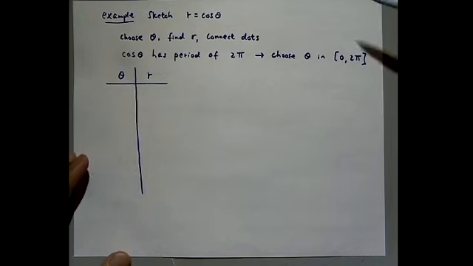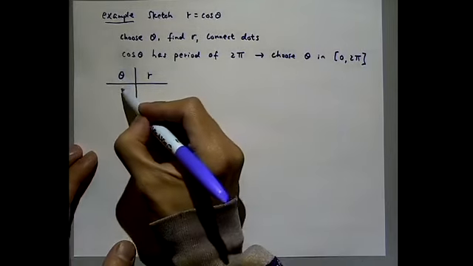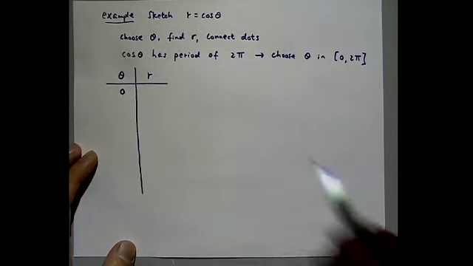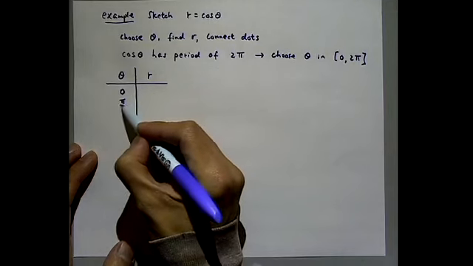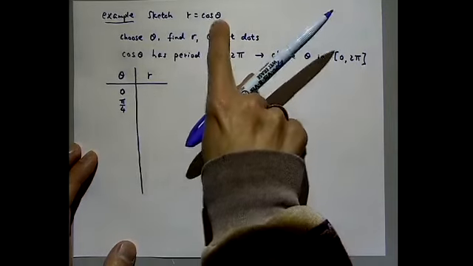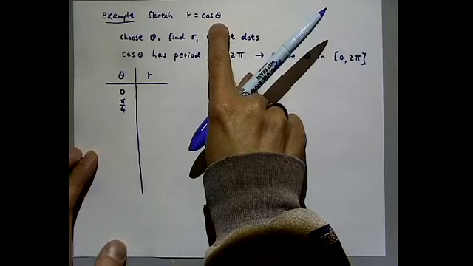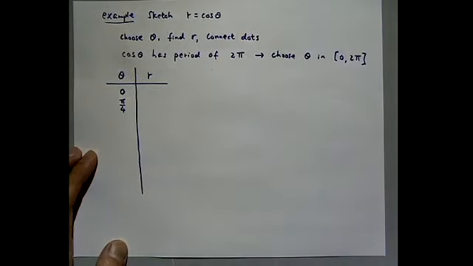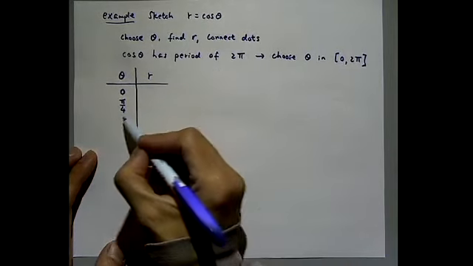All right? So let's see. 0 is a good place to go. Pi over 4. I'm going to choose values that I know I can do easily with cosine: pi over 3, pi over 6, pi over 4, this kind of thing.